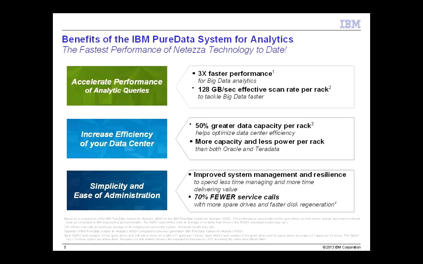Some of the capabilities which continue in the current release, N2001, are faster time to value and optimized big data analytics. Netezza comes with a lot of inbuilt analytics capabilities. In the following slides, we'll talk about that. And the most powerful component and value add for Netezza is simple administration.